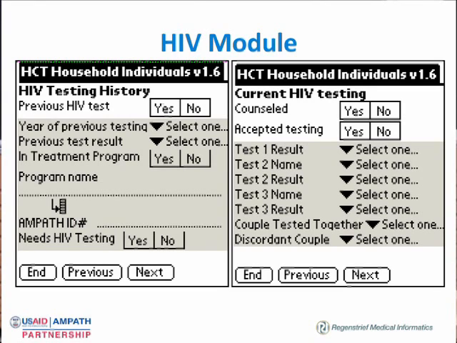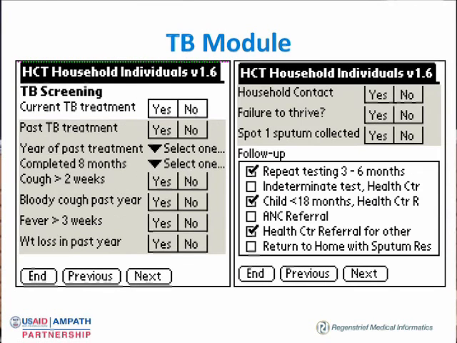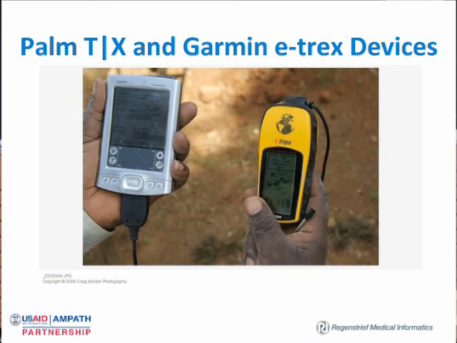Then there are different modules. In the HIV module example I'm giving you, we get the HIV testing history and also the results of the test done during the home-based counseling and testing process, do some TB screening questions, and give referrals for those who turn out to be positive or not immunized. The first version of our system was before the fancy smartphones.